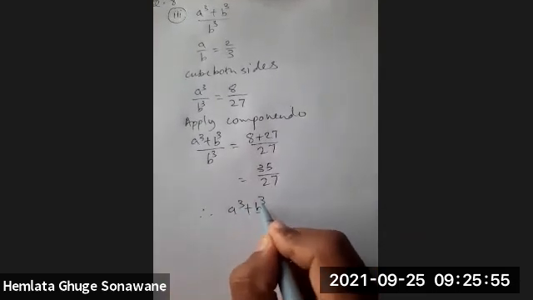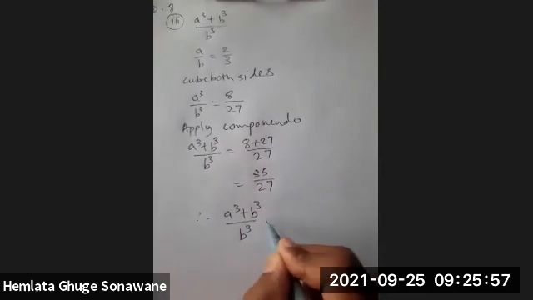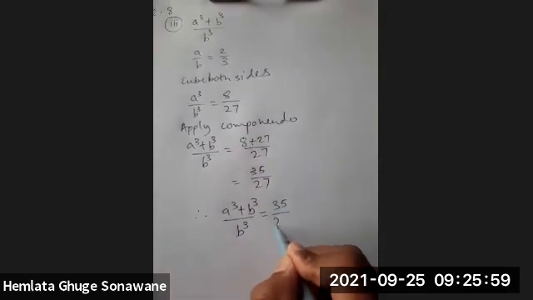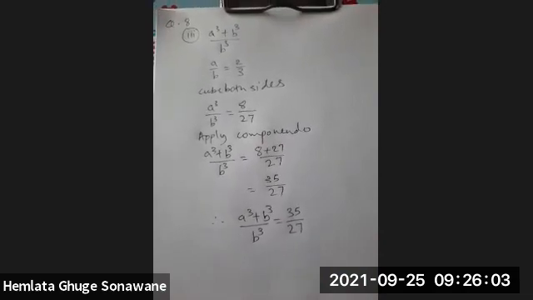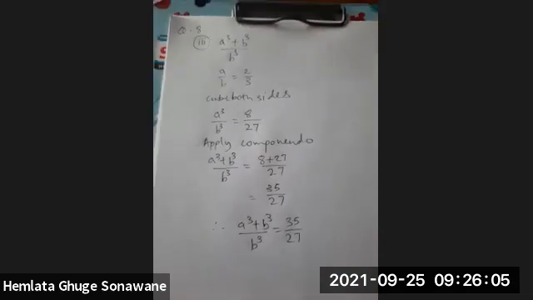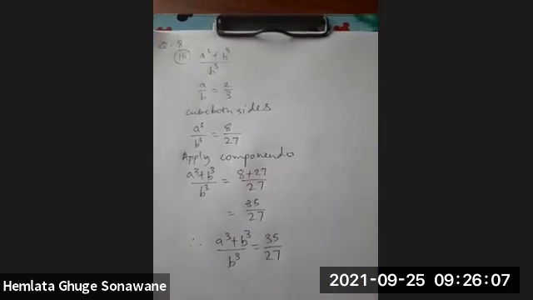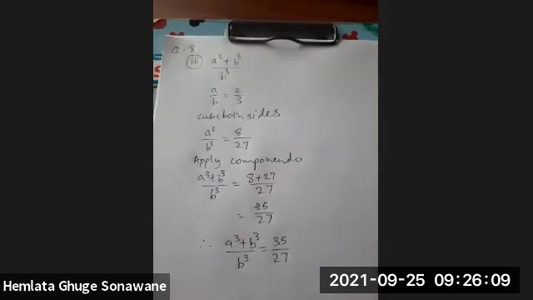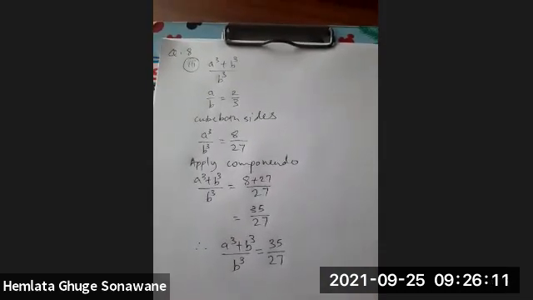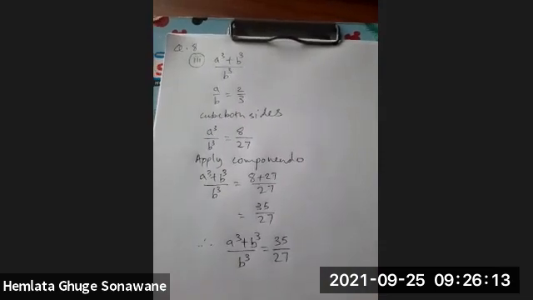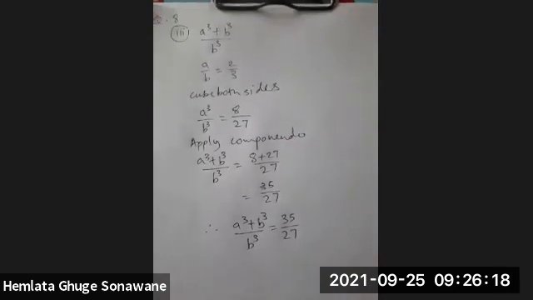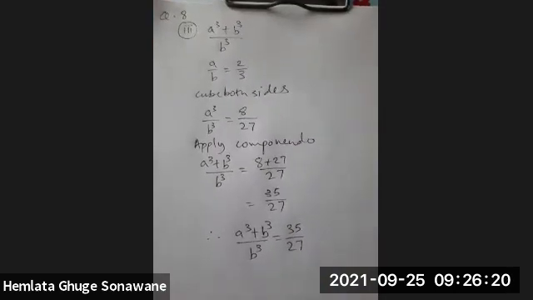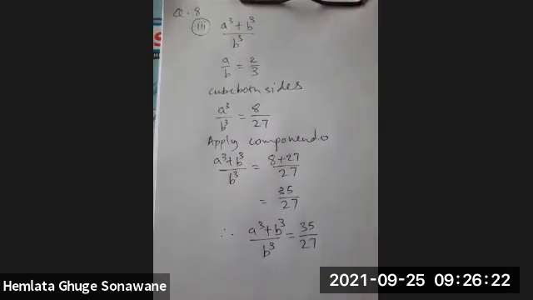A cube plus B cube upon B cube is equal to 35 upon 27. Just go through the solution.